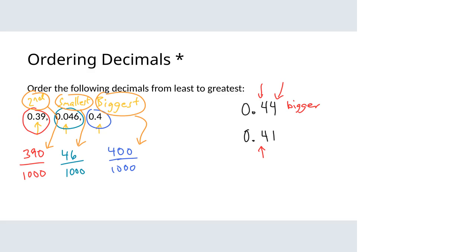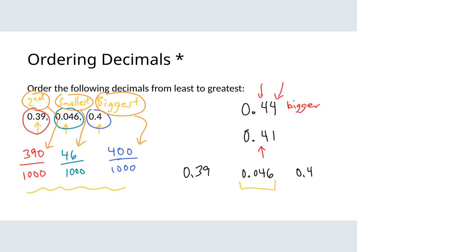And then there's another way you could go. When we were given those numbers right away, we had 0.39, we had 0.046, and we had 0.4. What you can do, and it's very similar to what we just did, rewriting them as fractions, is just make sure they all go to the same place value position.